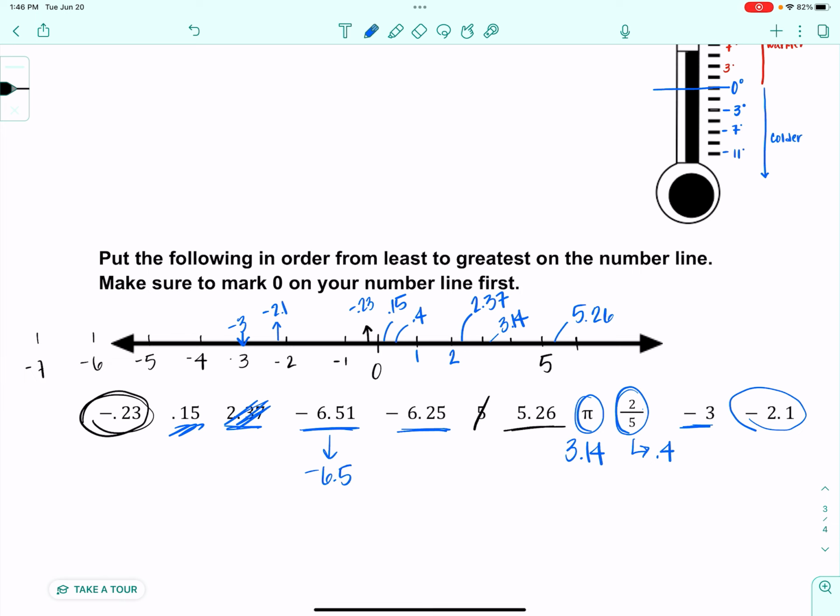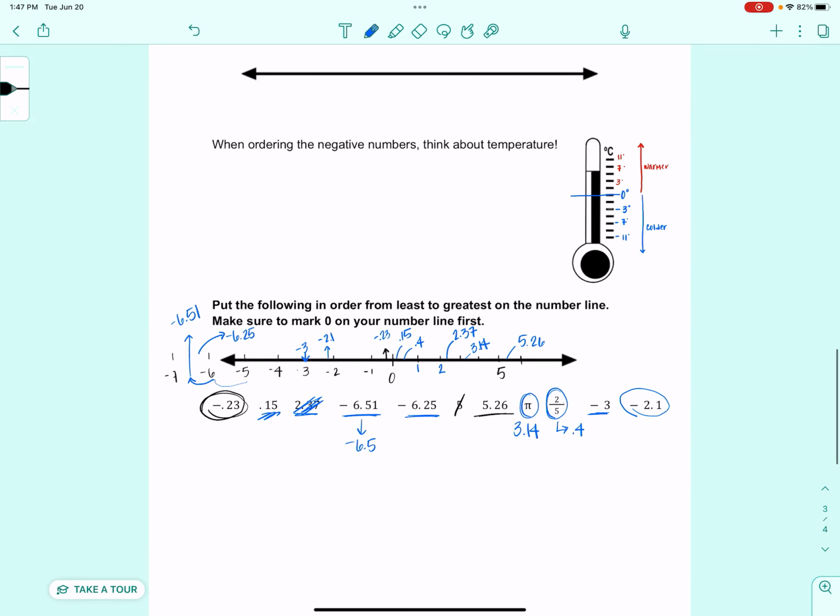So if this is -5, I'd go to -6 and then halfway to -7. -6.25 would happen between -6 and -6.51. So there's the number line. It's not pretty, but it is entirely functional.